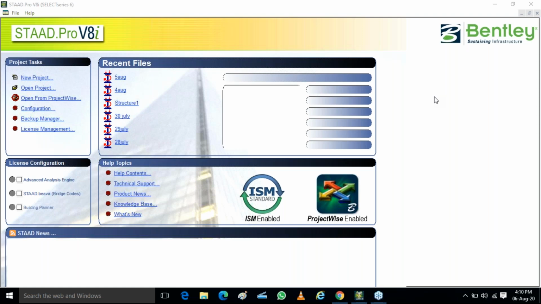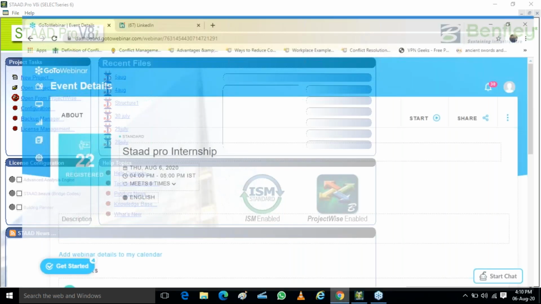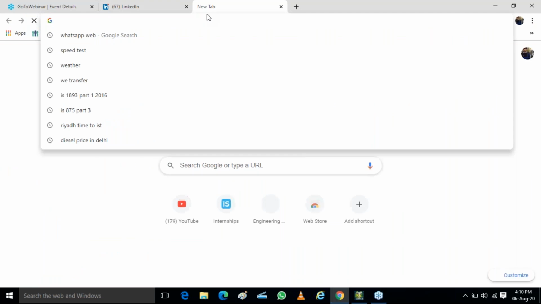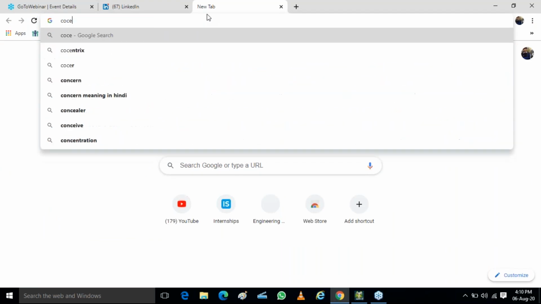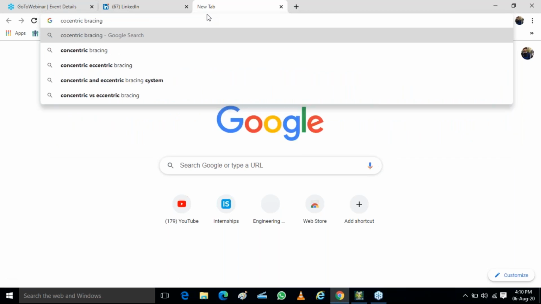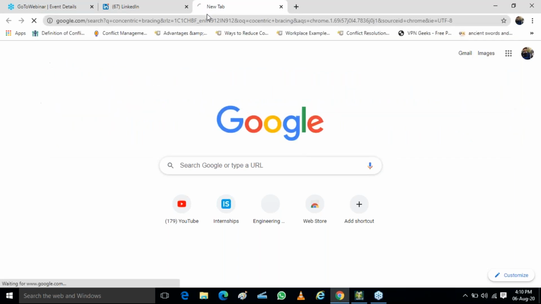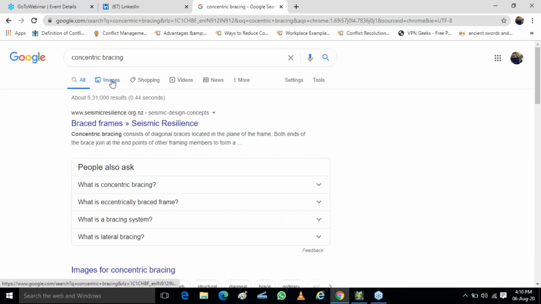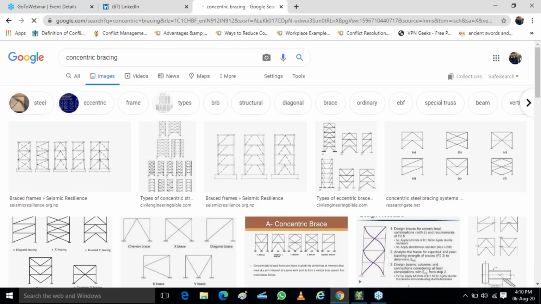In concentric bracing frames, we have bracings, or a kind of truss, which connects both ends of a building or a structure. Both the ends of the brace will join at the endpoint of the other framing member. But in eccentric bracing, it will be connected to only one, or maybe it can be connected to both the sides of the framing members.